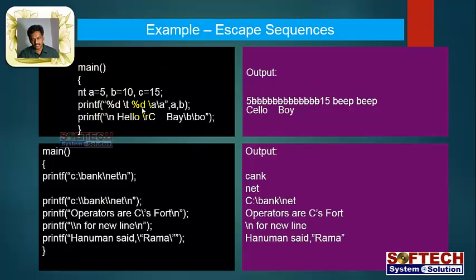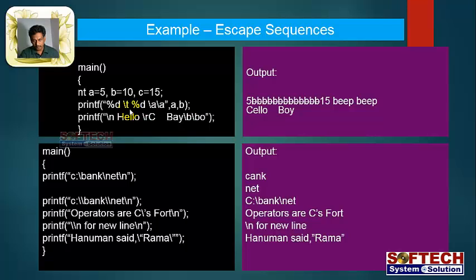Here we use \t, %d, 5. After that, it displays the next item in the next zone. To display the 5, it uses the first zone of 16. So it displays 5, and the remaining 15 is blank space. If we give \t \t, it displays 5, the first zone's remaining 15 are blank spaces, the next zone is 16, so it leaves 31 blank spaces.